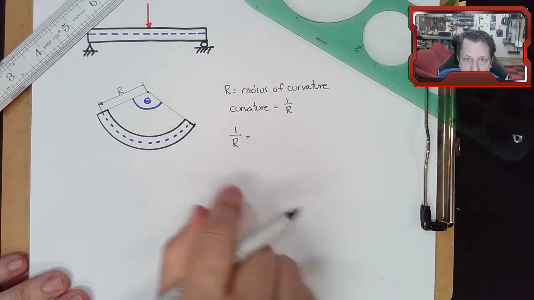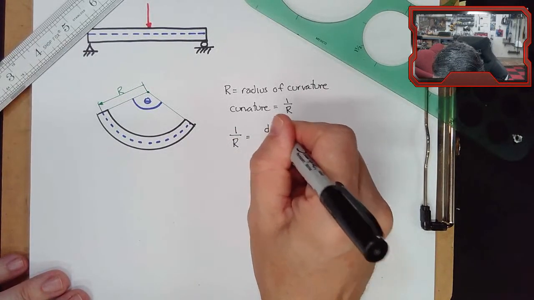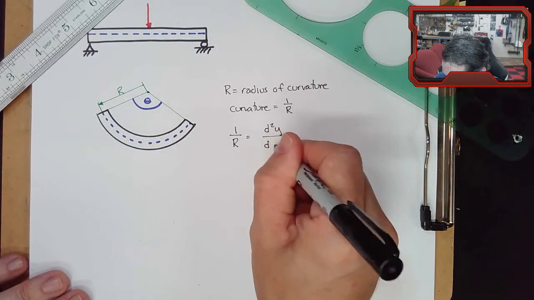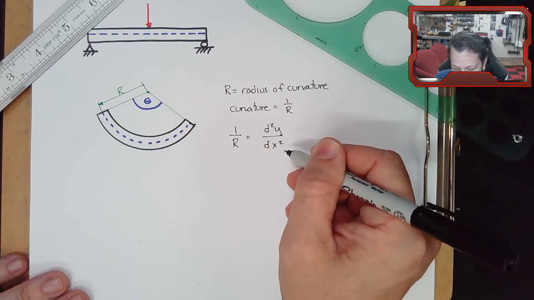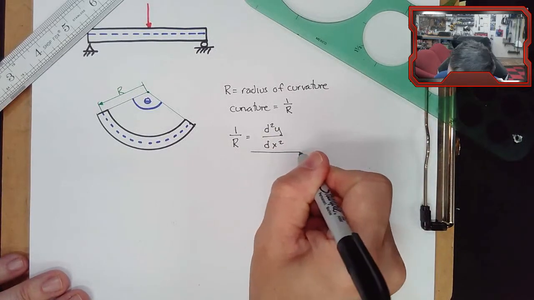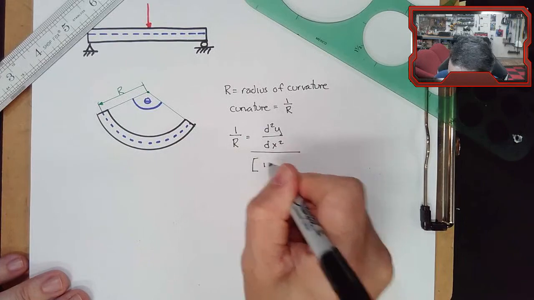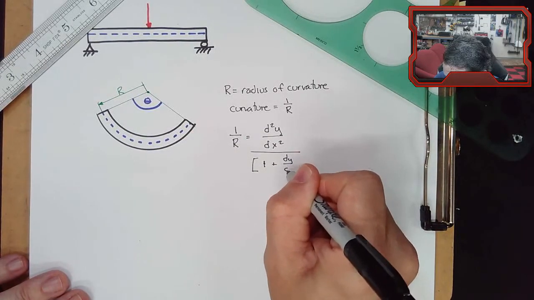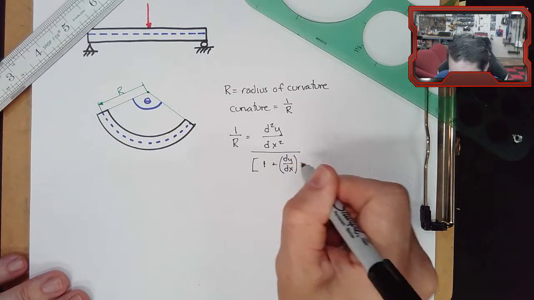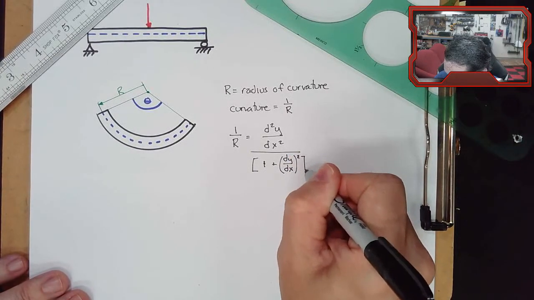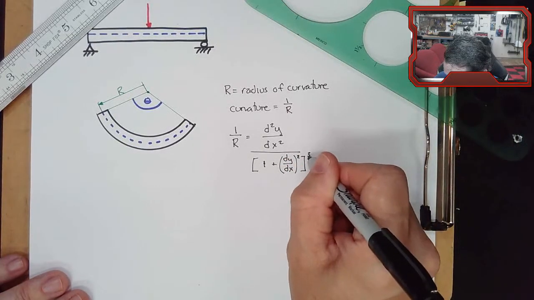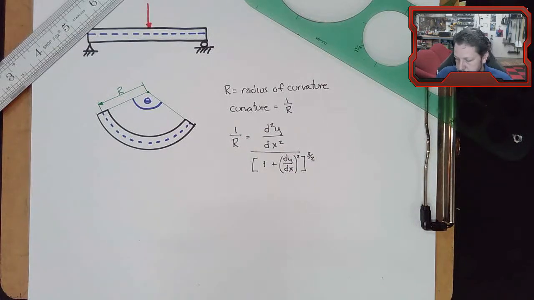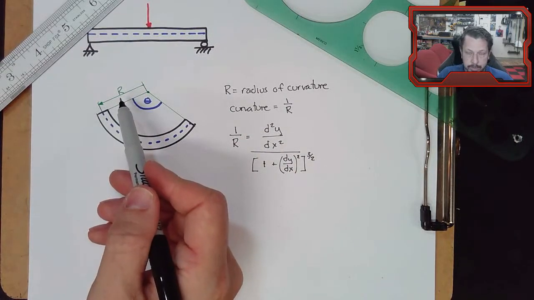We're not going to derive this definition; we're going to take it as true. So I've got a second order derivative of y with respect to x, and then I'm going to divide that by this denominator, 1 plus dy/dx, the first order derivative, squared, and this entire denominator is raised to the 3/2 power. So this is a mathematical definition for curvature, which is 1 over the radius of curvature.